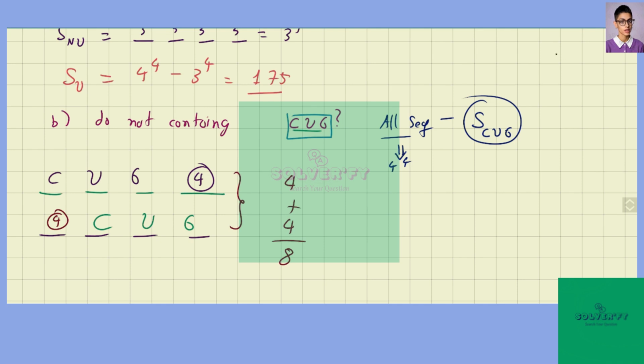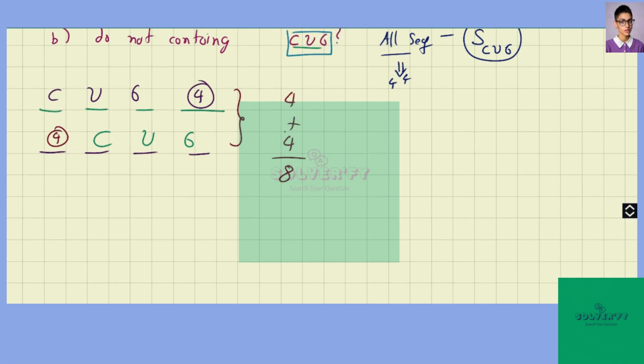At the end, the number of strings that do not contain this consecutive sequence CUG is 4 to the 4th power minus 8, and this is equal to 248.